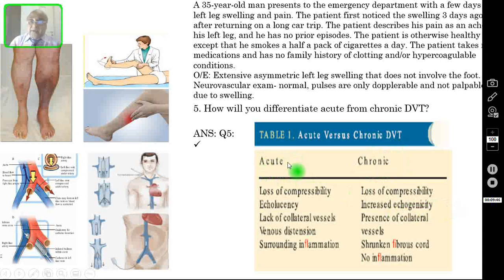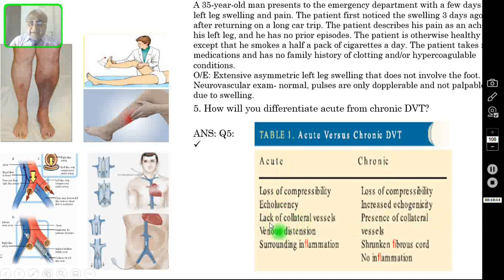Whereas in acute DVT, you can see an echolucent defect inside the veins, whereas there will be increased echogenicity inside the veins in chronic DVT. The thrombus will become echogenic in chronic DVT, whereas it is echolucent in acute DVT.